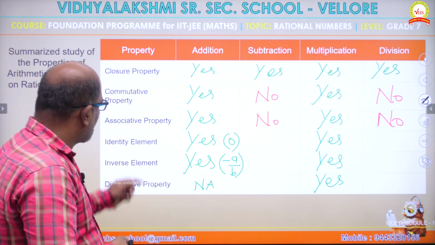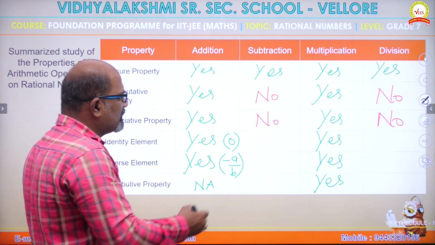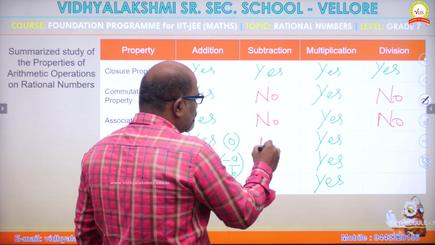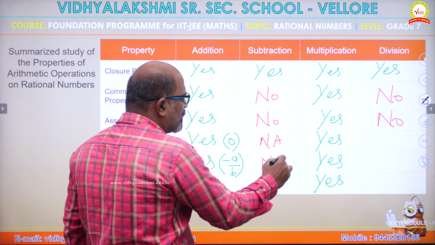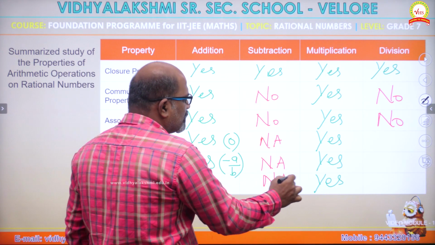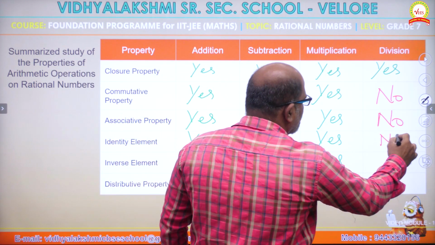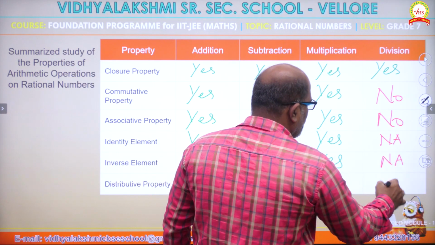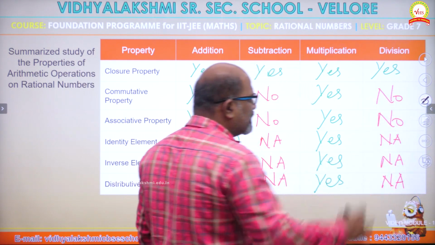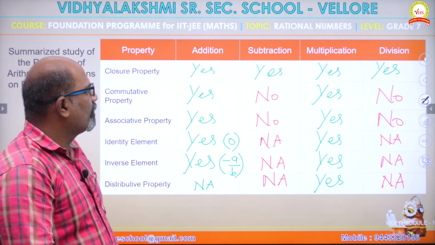Then next, identity, it is not applicable, and here also not applicable.